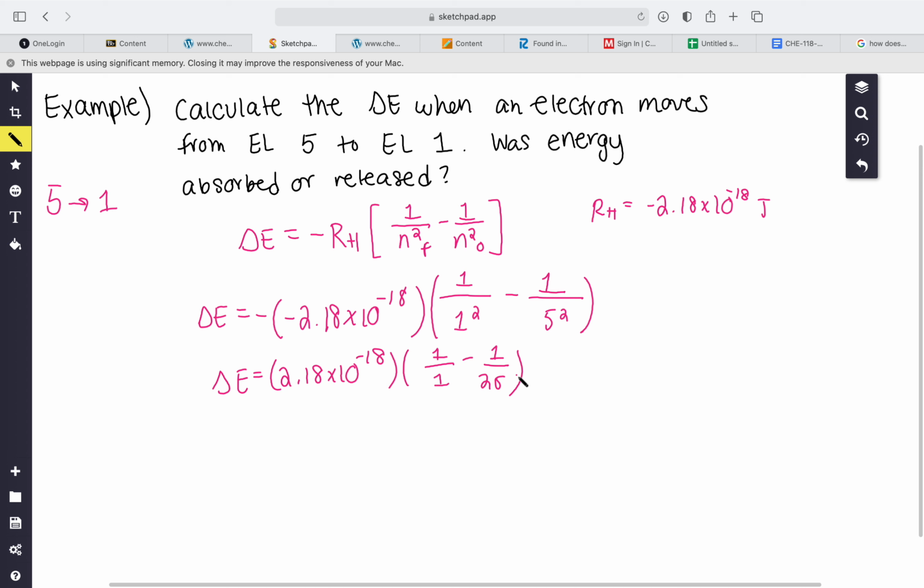How am I going to do this calculation without my TI Inspire? Alright, let's figure this out. 2.18 e to the negative 18.